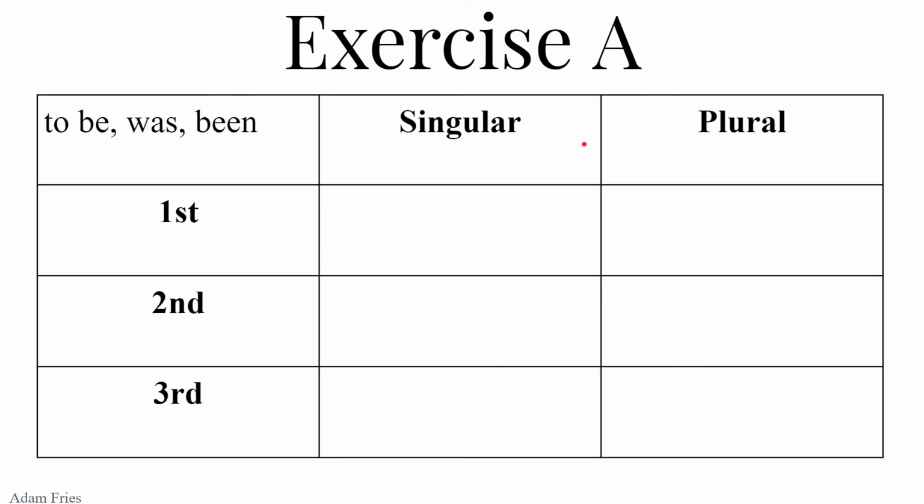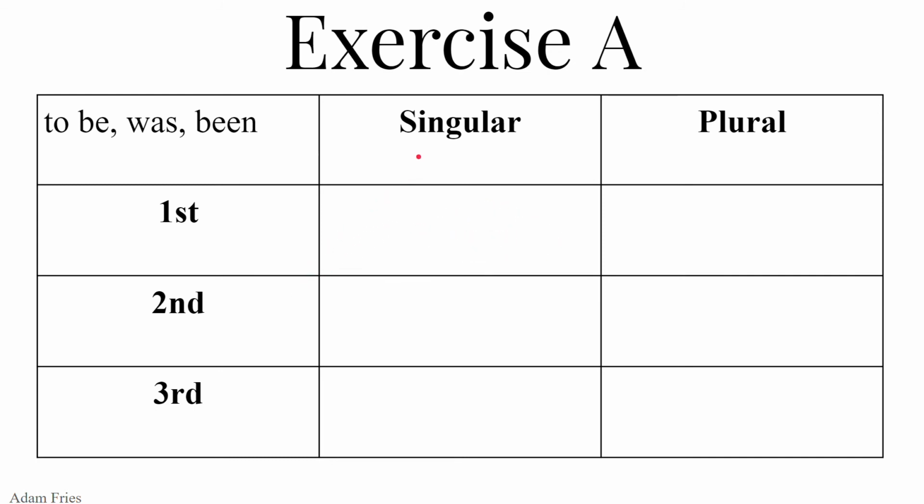Last, but certainly not least, throw a little bit of a curveball at you. To be, was, been. The verb to be is a linking verb, linking a subject with a predicate nominative. It is irregular in English and as well in Latin. So the first person singular, it's not I be, it's I am.